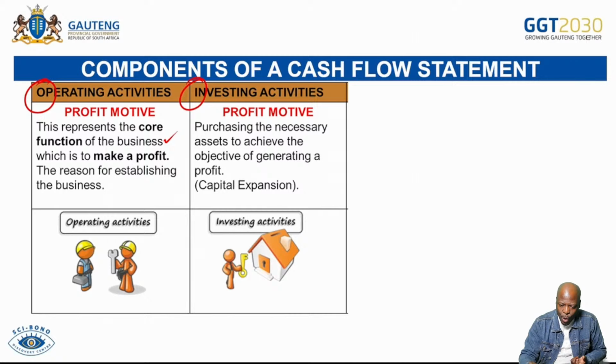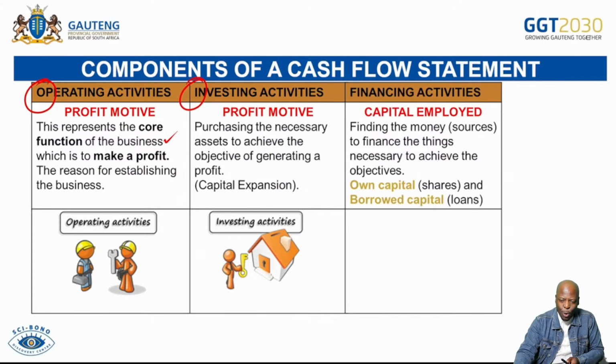And now here we're looking at our investing activities. We're going to be looking at our fixed assets and our investments as well. So these are our investing activities. And then we're also going to look at our financing activities. That is the last part. That is the F.